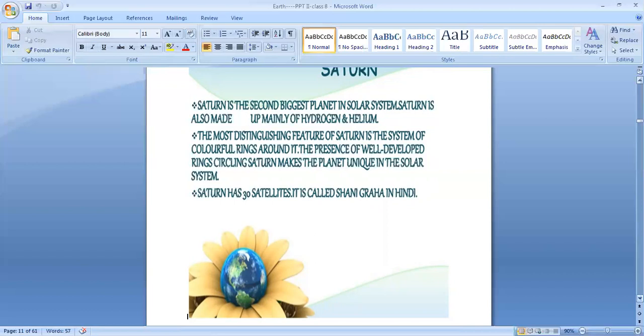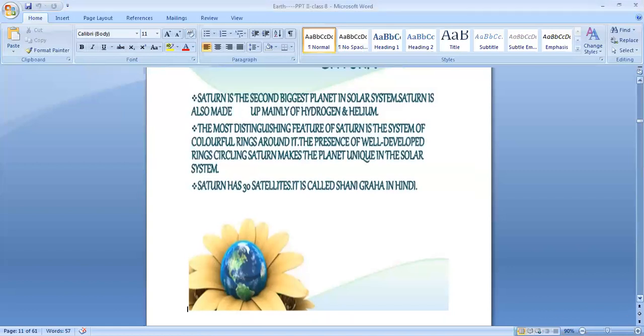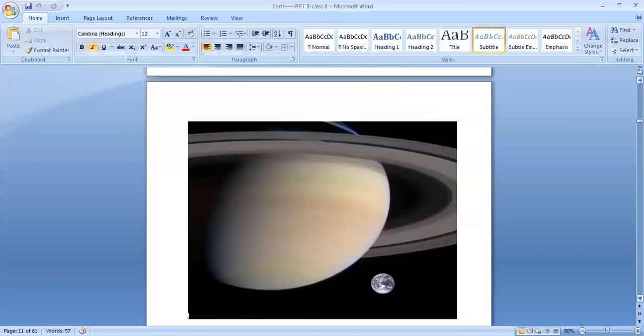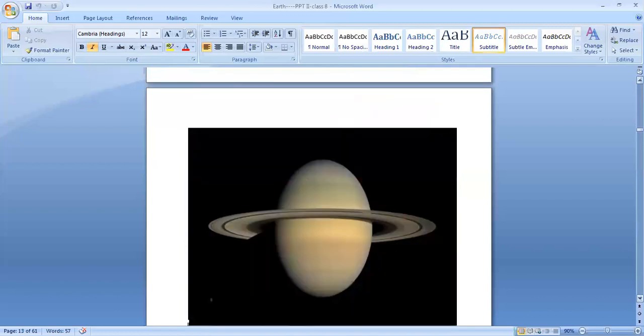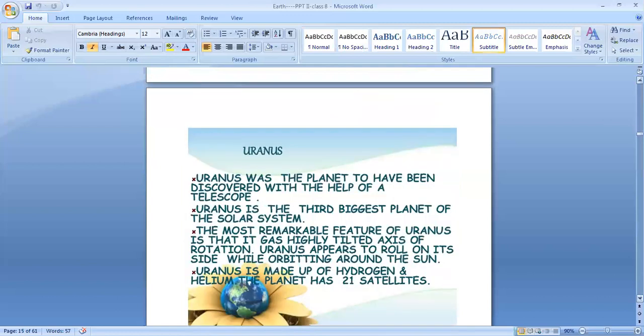And Saturn is also called Shanigraha in Hindi. So this is Saturn, the ringed planet. The next planet is Uranus.